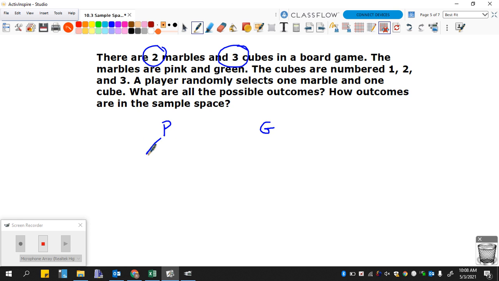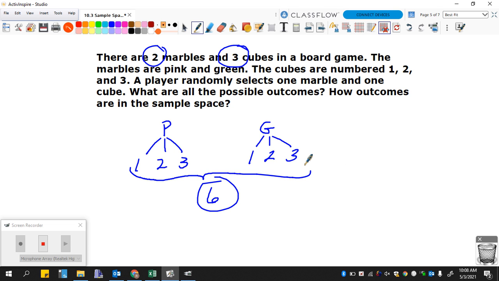For the pink, he could choose a 1, a 2, or a 3. For the green, a 1, a 2, or a 3. So if we count up, these are all the possible outcomes. If we count up how many of them there are, we can see that there are 6 possible outcomes.